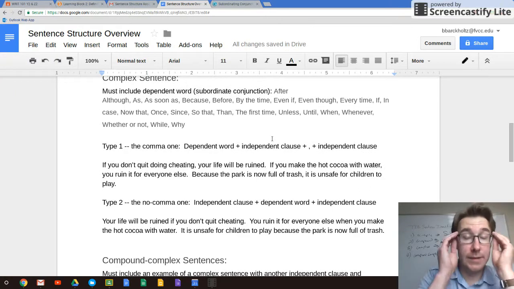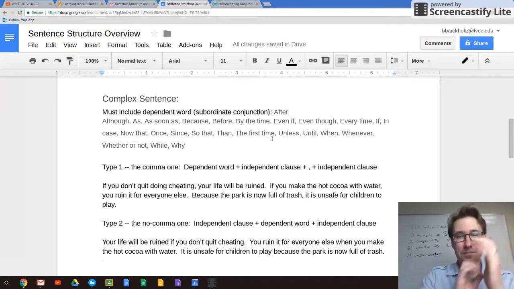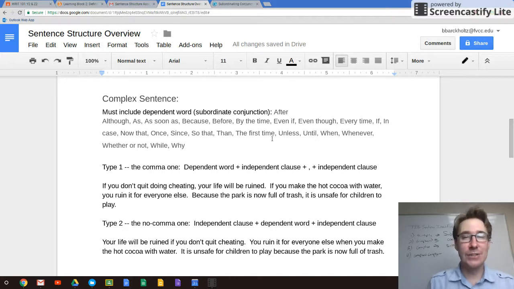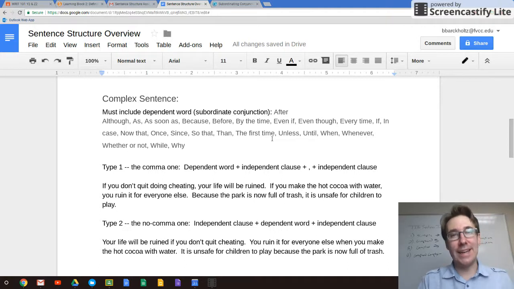Complex sentence. This is where it gets a little tricky. It must include dependent words or subordinate conjunctions. Sometimes a subordinate conjunction like after is also a prepositional phrase. So you need to make sure that after, or the subordinate conjunction, is actually preceding an independent clause, a simple sentence, a subject and verb.